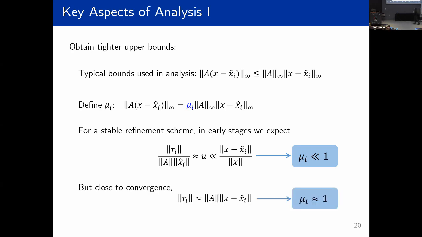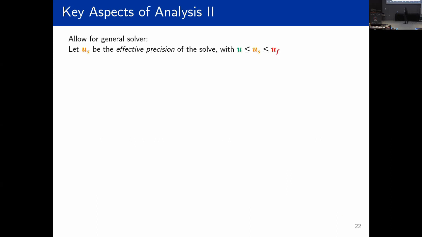Close to convergence, I expect my residual and my forward error are both small, which means mu goes closer and closer to 1. Reasoning about it this way, we can obtain tighter bounds than previous people did.